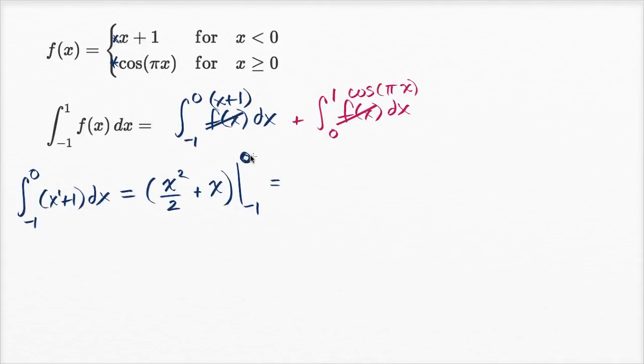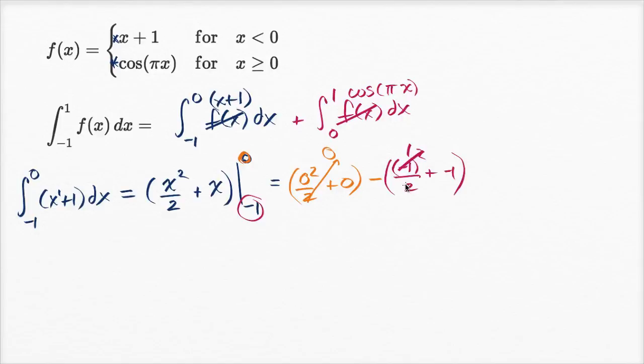And so this is going to be equal to, if I evaluate it at 0, it's going to be 0 squared over 2 plus 0. Well, all of that's just going to be equal to 0, minus it evaluated at -1. So minus -1 squared over 2 plus -1. So -1 squared is just 1.